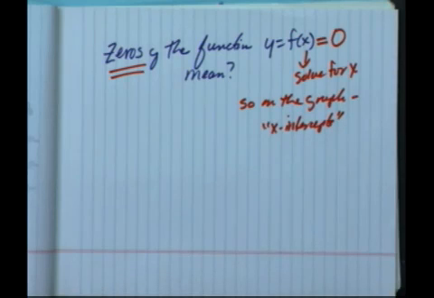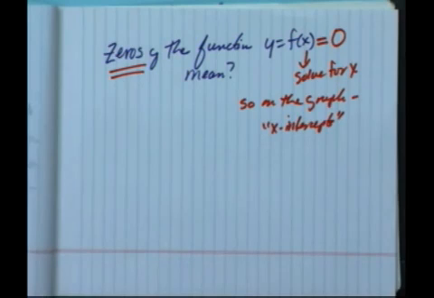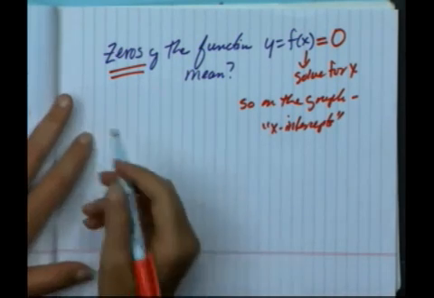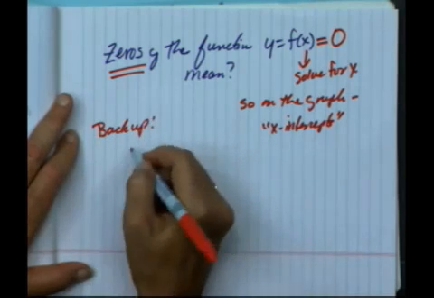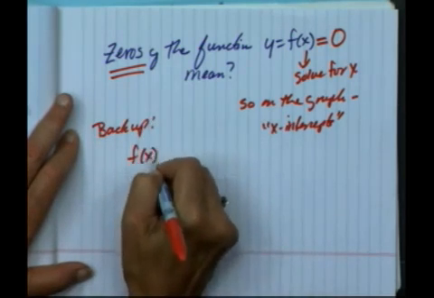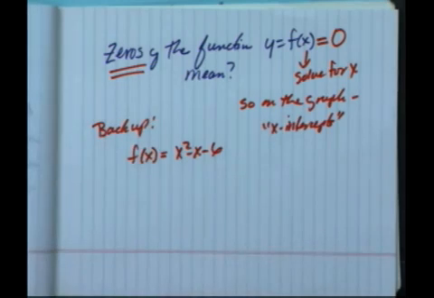We've already had a little experience with that when we were working with quadratics. So before I head to the textbook, let's back up and review a second. When I gave you a function like f of x equals x squared minus x minus 6, we know that's a good old quadratic, a parabola opening up.